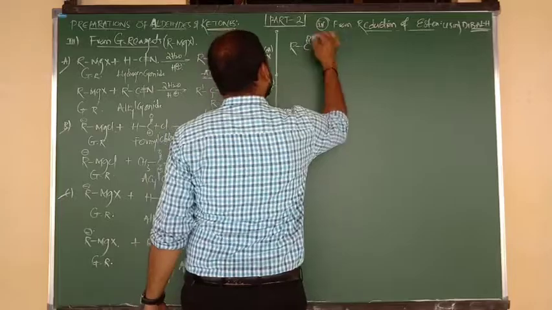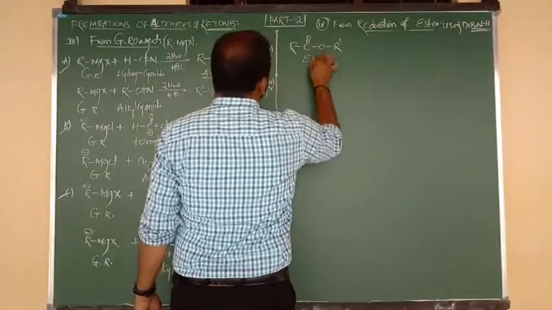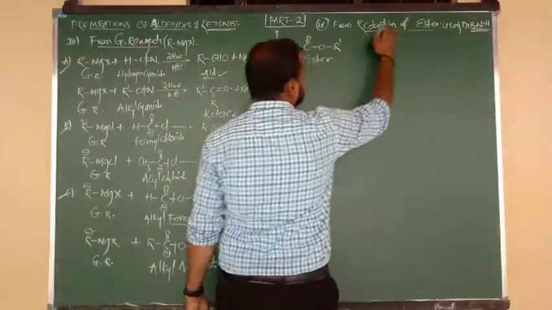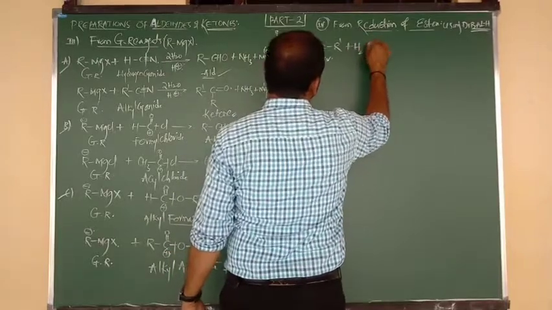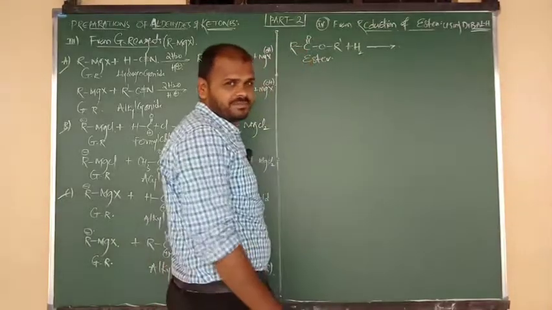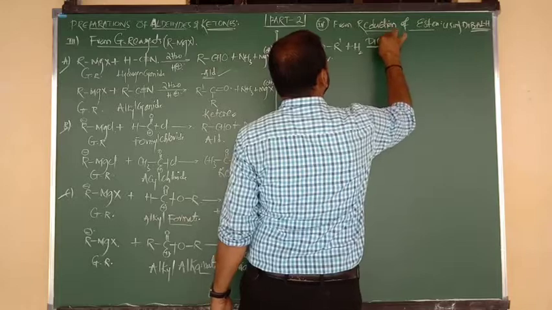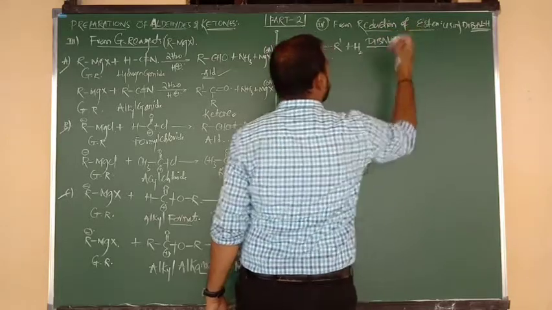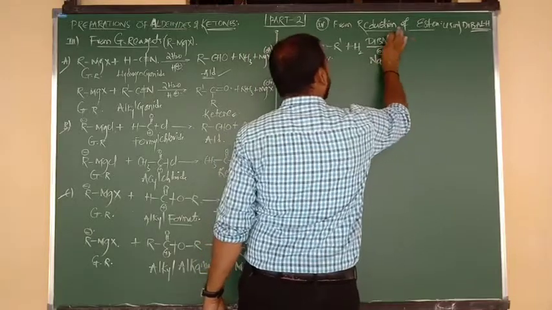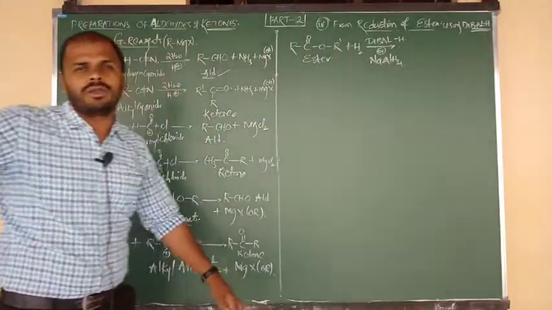R bonded to C double bond O, bonded to O, again O bonded to R prime. So this is nothing but what, beta? Ester. Upon reduction, nothing but addition of hydrogen, takes place by using one reducing agent. So the reducing agent is DIBAL-H, diisobutyl aluminum hydride, and also we can consider sodium aluminum hydride, NaAlH4.